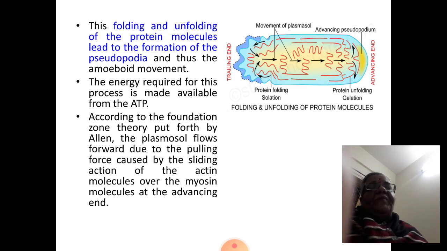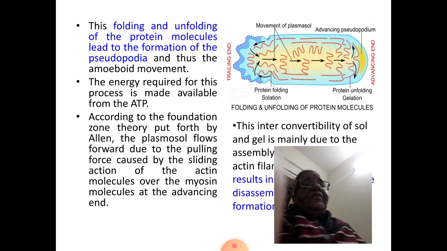Plasma sol flows forward due to the pulling force caused by sliding action of actin molecules over the myosin molecules at the advancing end. But it is enough if you understand the interconversion of sol and gel. But as additional information, you can know this.